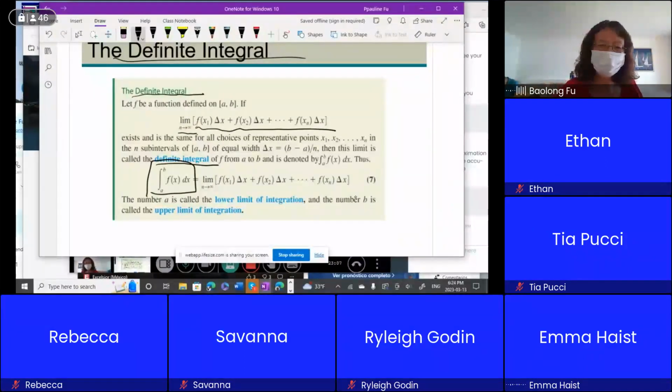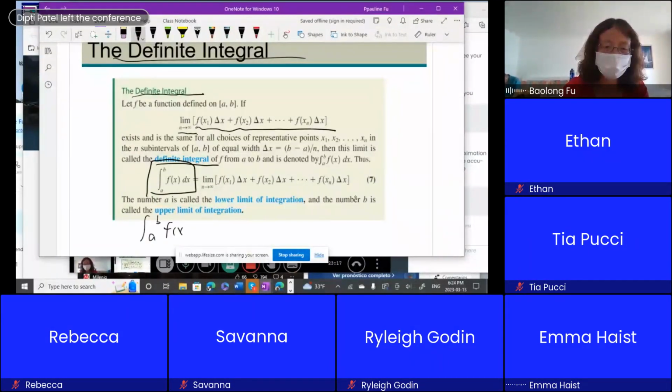And what does this f(x) have to do with this? Remember we talked about the relationship between small f(x) and capital F(x).